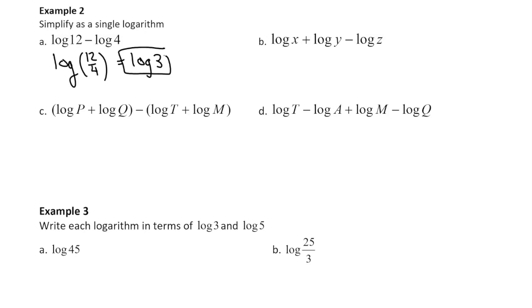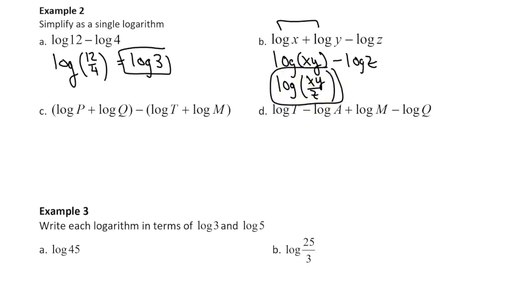For part B, I don't know if I would call this a shortcut or what, but basically, if you were to join these first two right here, you would get log xy, and it'd be subtracted by log z. And now if you had something like that, couldn't that become something like log xy over z? And I actually don't need to do that first step. So this is correct.